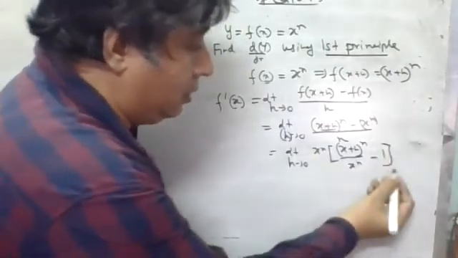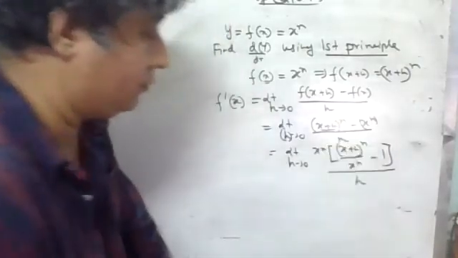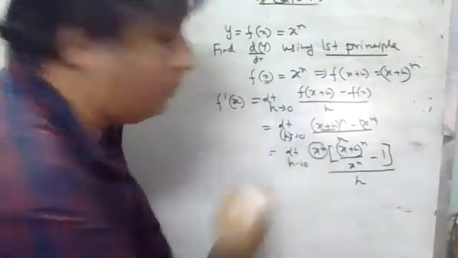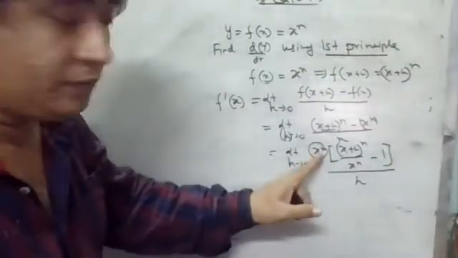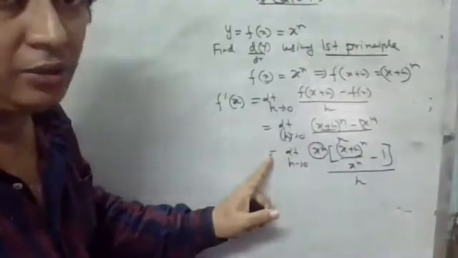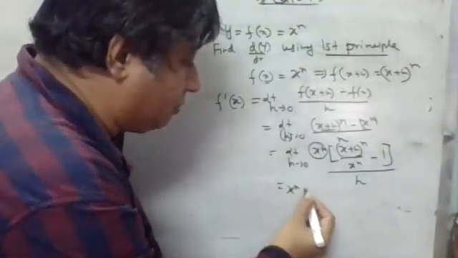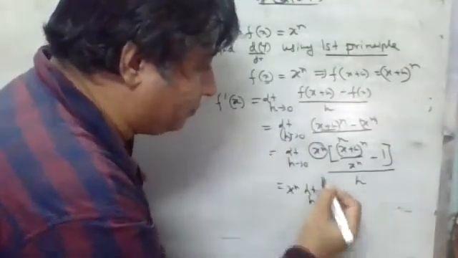So ((x+h)^n / x^n - 1) / h. What I will do with this x^n is put it out of the limit. x^n. What will remain in the bracket?